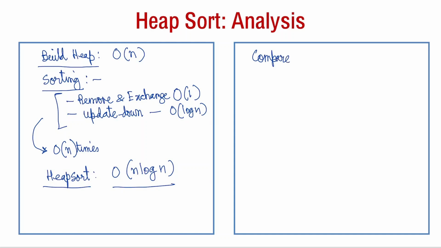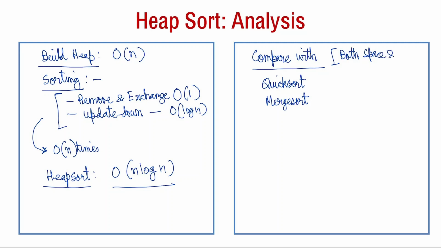I'll leave it to you to compare with, it's very tricky but very interesting, with quick sort, merge sort, and compare here means both space and time and other sorts.